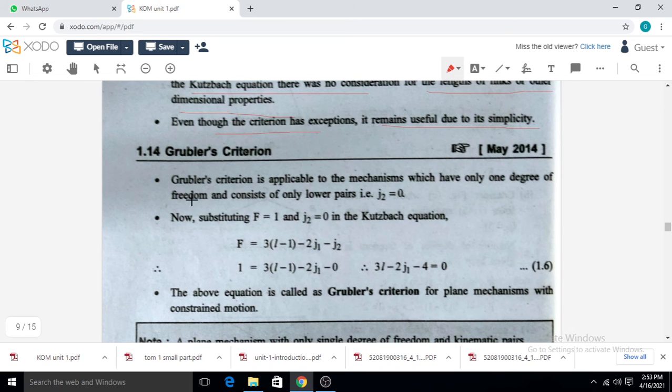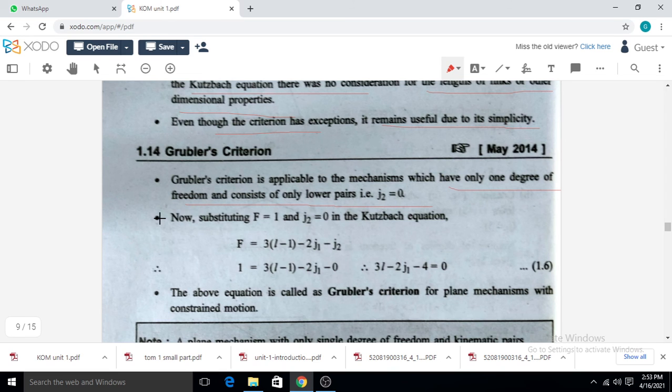so there is the Grubler criterion. The Grubler criterion is applicable to mechanisms which have only one degree of freedom and consist of only lower pairs.